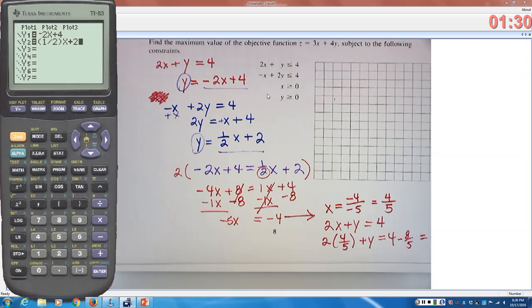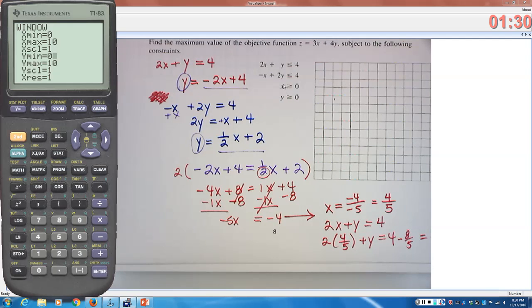And the way that I'm going to satisfy this is I'm going to go to the window and tell it to make the minimum x value 0. And I'm going to also go down here and tell it to make the minimum y value 0, because this tells me x has to be equal to or greater than 0, and y has to be equal to or greater than 0.